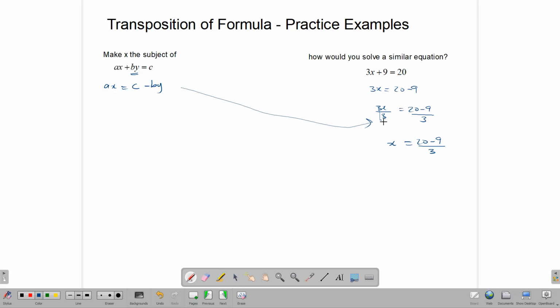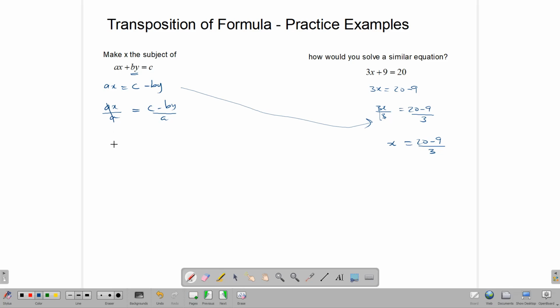In this equation here, we had 3x equal to 20 minus 9, and now we have ax is equal to c minus by. So to finish our answer, as we divided both sides by 3 here, we're going to divide both sides by a. So ax over a is equal to c minus by over a.